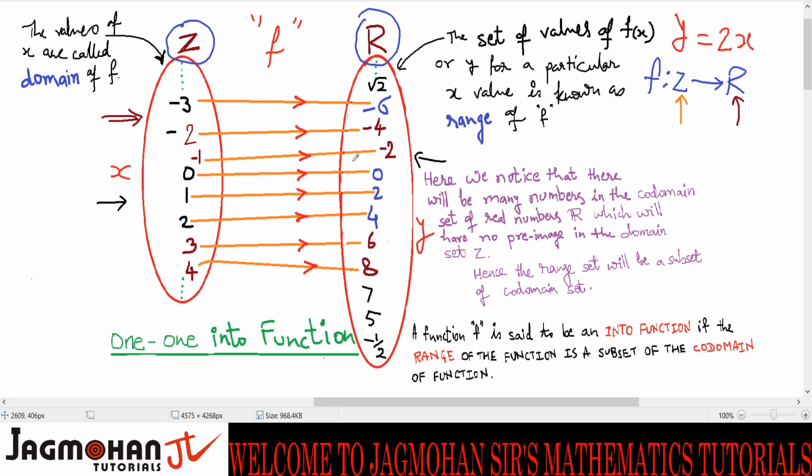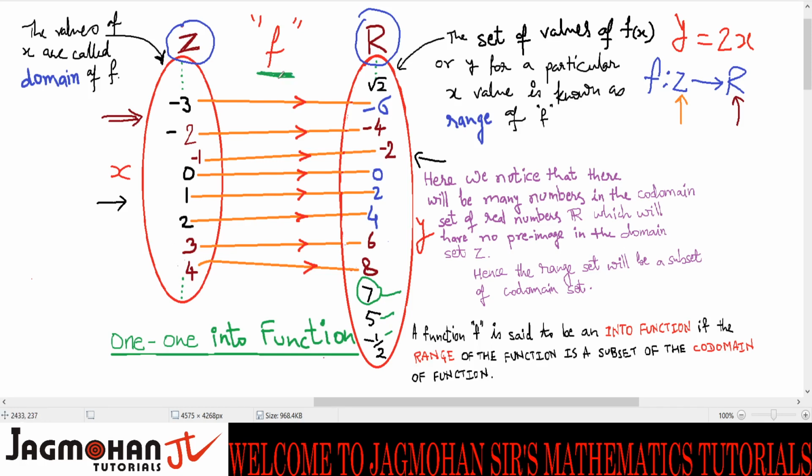But at the same time, you notice that there are certain numbers in the codomain set which are absolutely not the image of any number from the domain set. In other words, you can say that there is no pre-image for 7 in the domain set. You can check this. There is no pre-image for the number 7, number 5, negative 1 by 2. For all such numbers, there is no pre-image in the domain set. Why is there no pre-image? Because the rule is such.